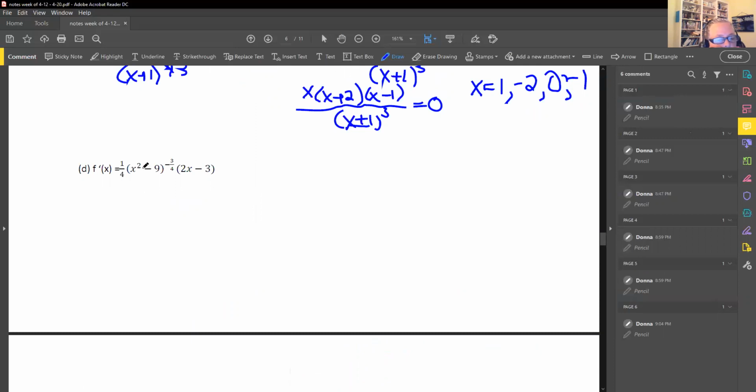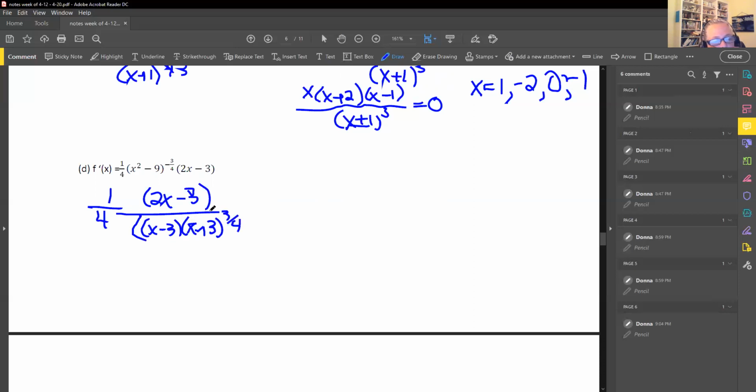Okay, so I'm going to make this look a little better. I'm going to make this 2x minus 3. This is actually in factored form for us because you can factor the bottom here. It's x minus 3 and x plus 3 raised to the 3/4. Remember, the negative brings it downstairs.